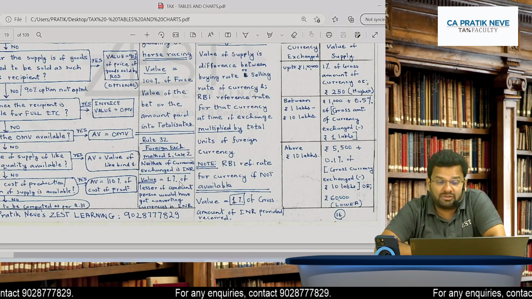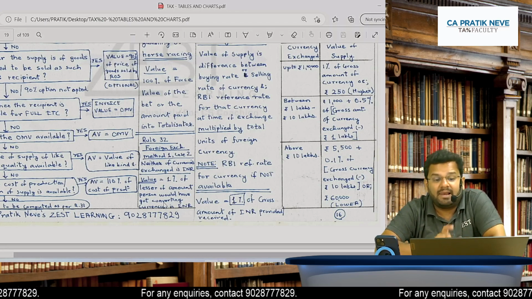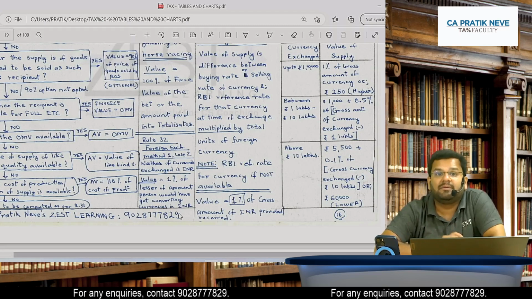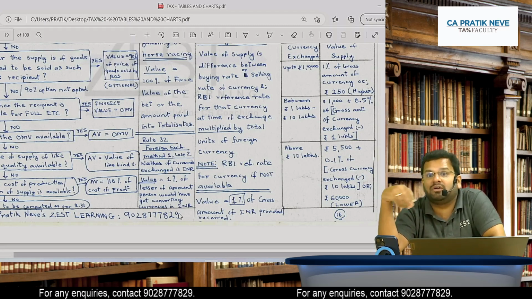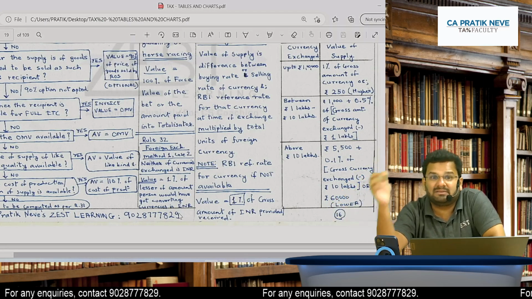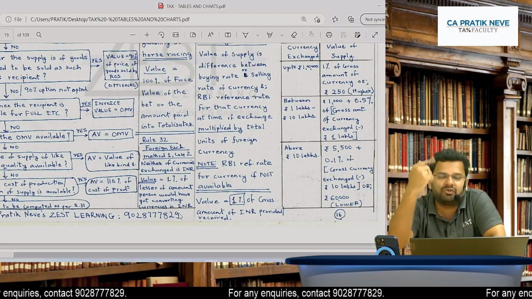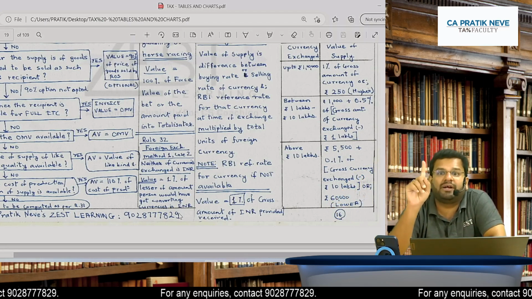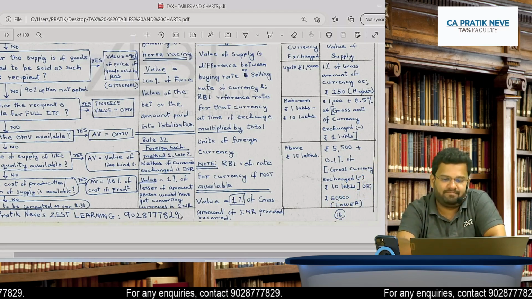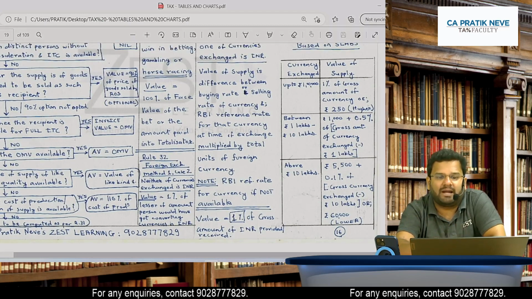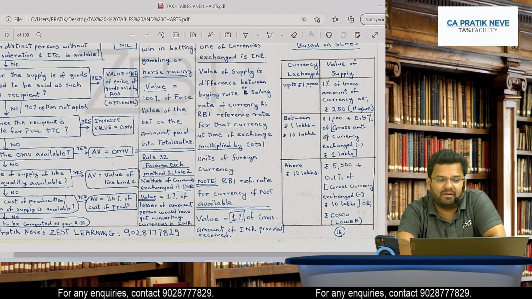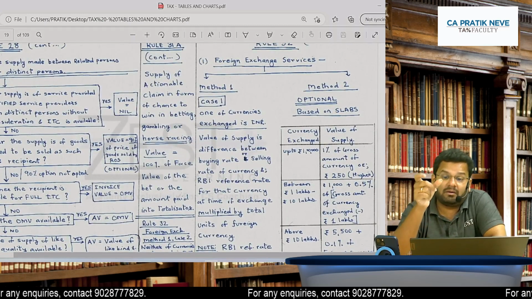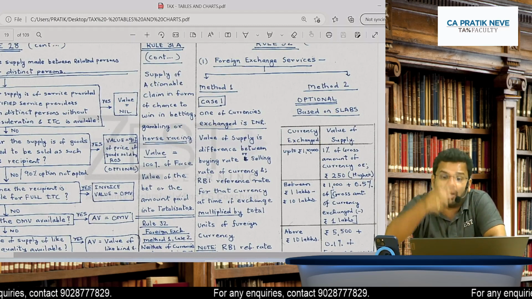You will take 1% of lesser of the amount person would have got converting currencies in INR. Means that Australian dollars will be converted to INR notionally and US dollars will be converted to INR notionally, and whichever is less of that you will take 1%. Okay, so that completes your rule 32's foreign exchange services case 1 and case 2 in method 1.